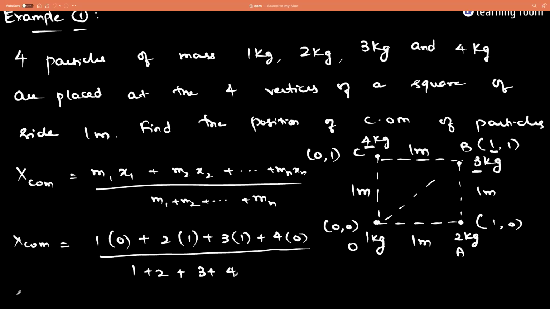So the answer here will be 2 plus 3, that is 5, divided by 7 plus 10, which is going to be half. Is it clear? So the x coordinate of center of mass is going to be 1 by 2.